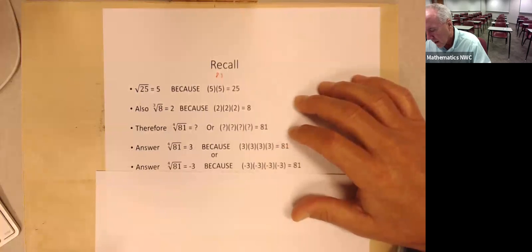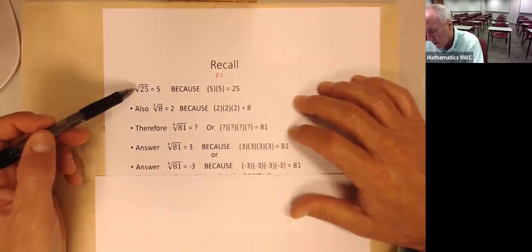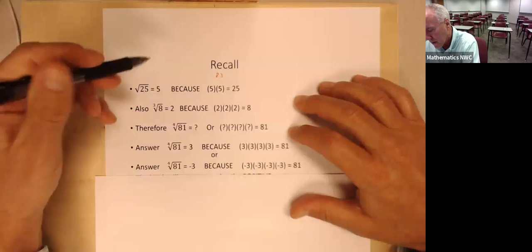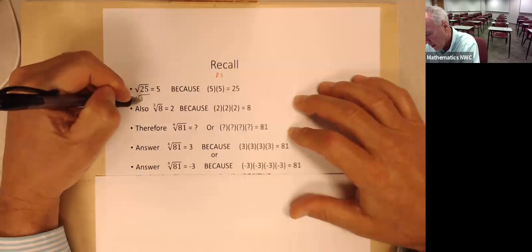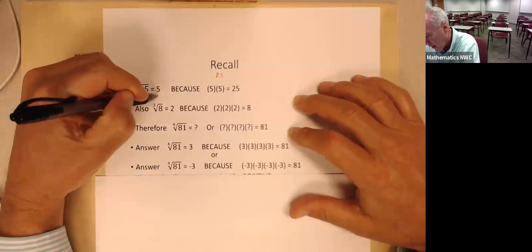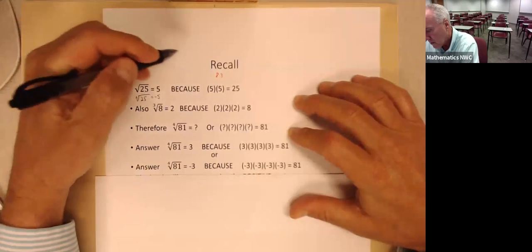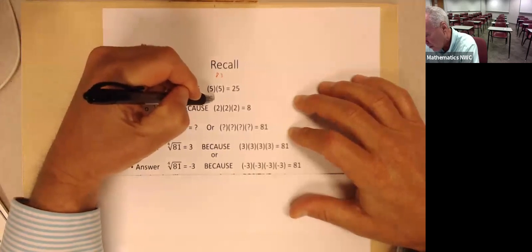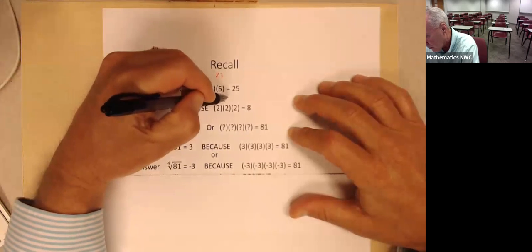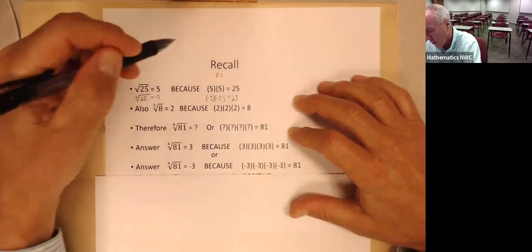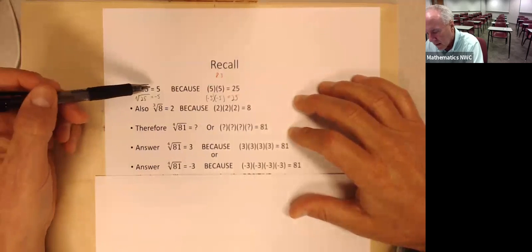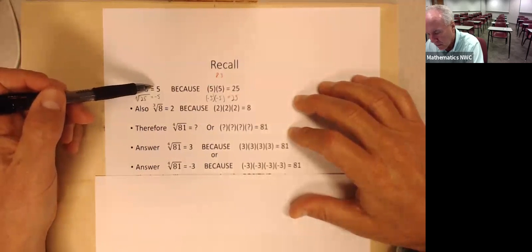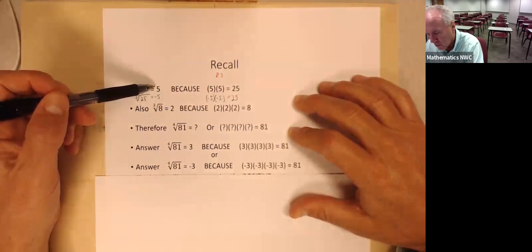But we would also like you to notice, and I could have done that up here with the 25 as well, I could have said the square root of 25 is a negative 5. The reason for that is a negative 5 multiplied times a negative 5 is also 25. The positive one is referred to as the principal root, and when in doubt, that's the one they're usually looking for.